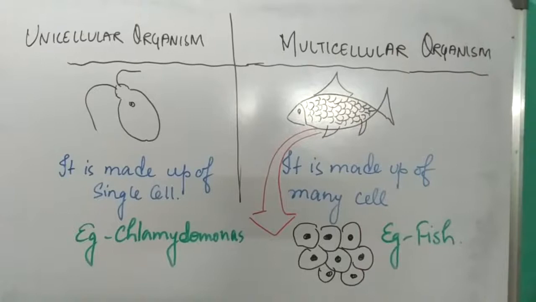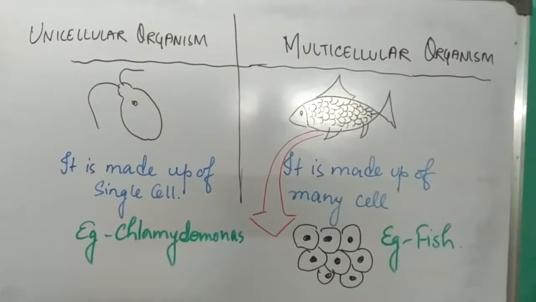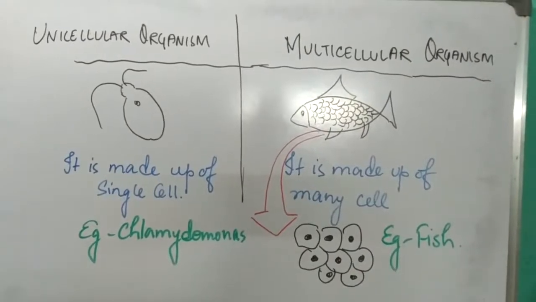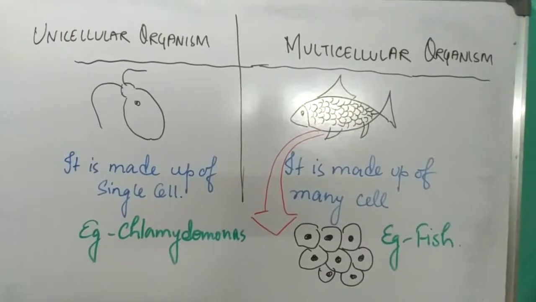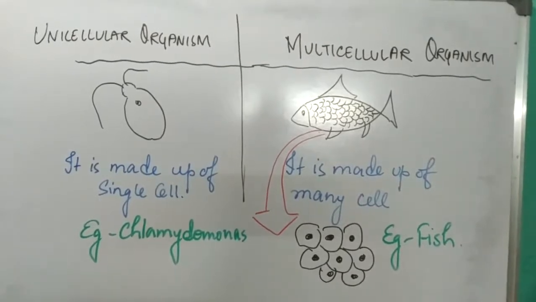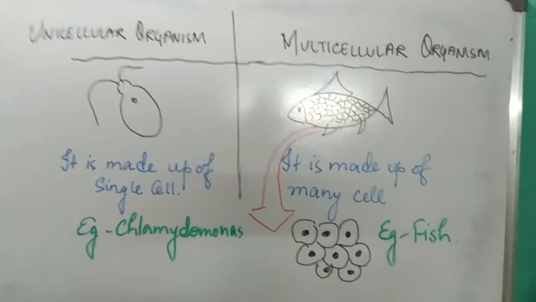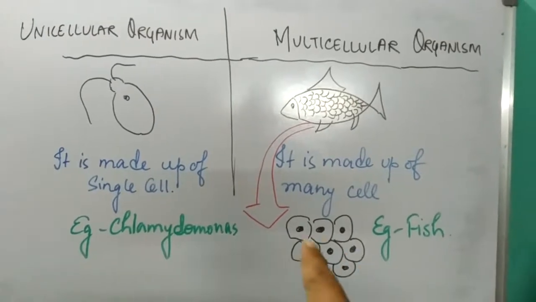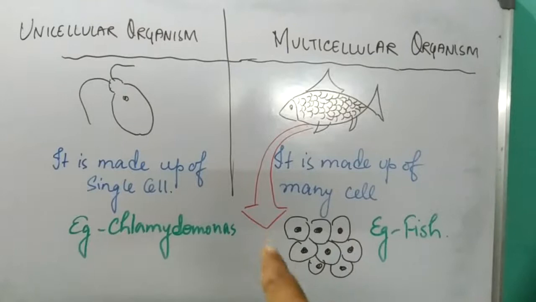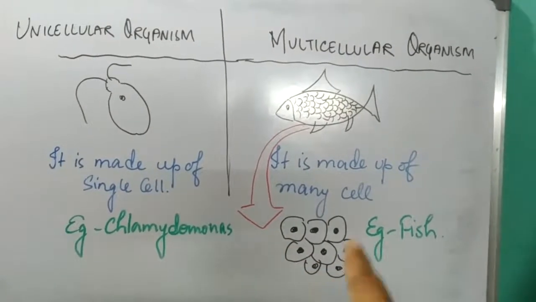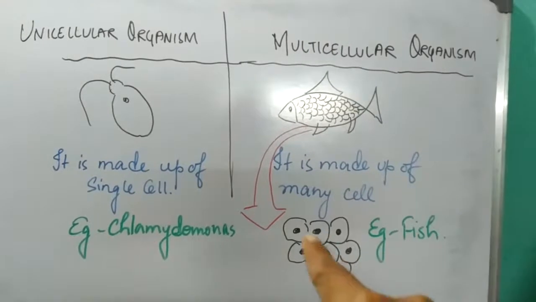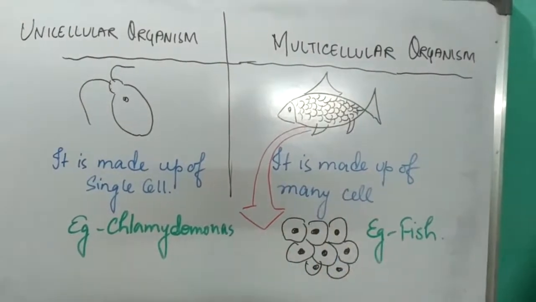Next, on our right hand side I have drawn a diagram of a fish. Now when we take a scraping of a fish and put it under a microscope, we will see it is made up of millions of tiny compartments like this. That means this particular fish is made up of so many cells.